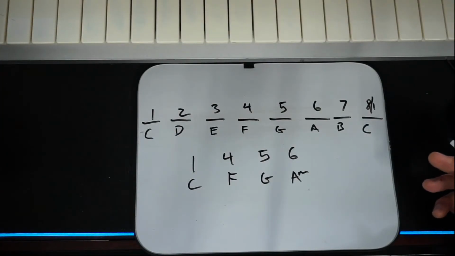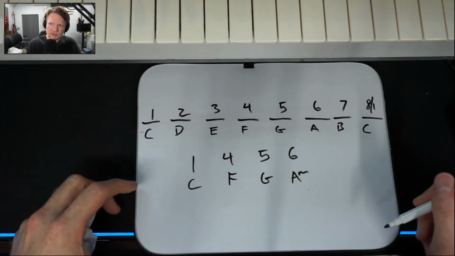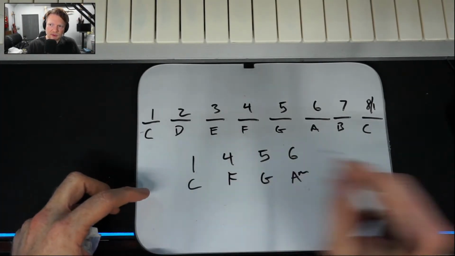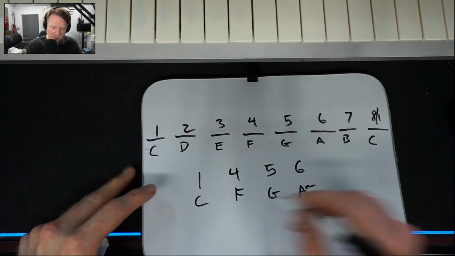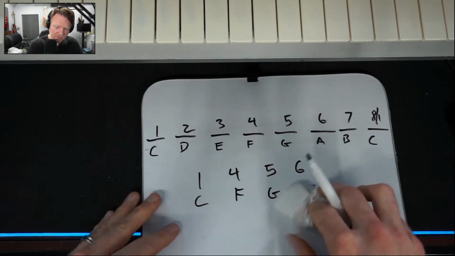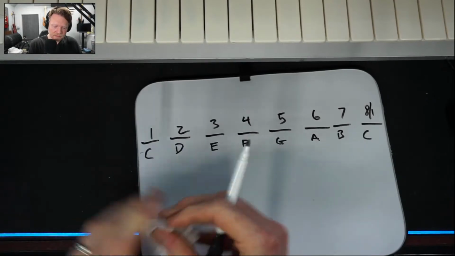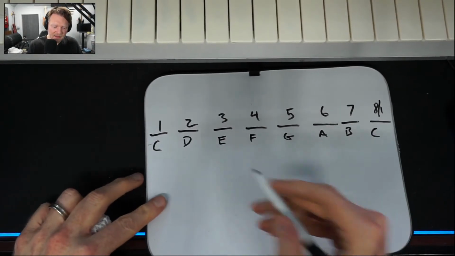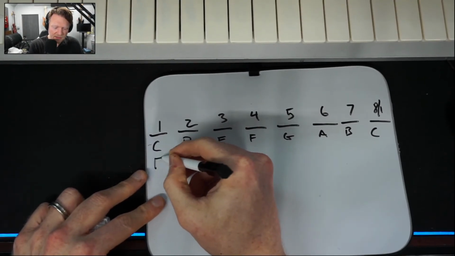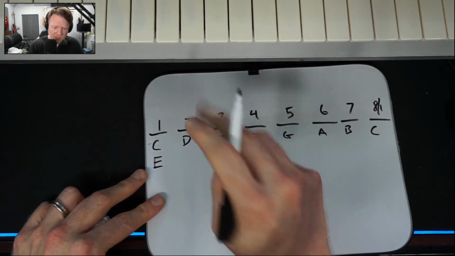Well, if you're thinking in numbers, you can immediately transpose all of that. So if we went up into the key of E, it would be E. We're going to do this real quick.